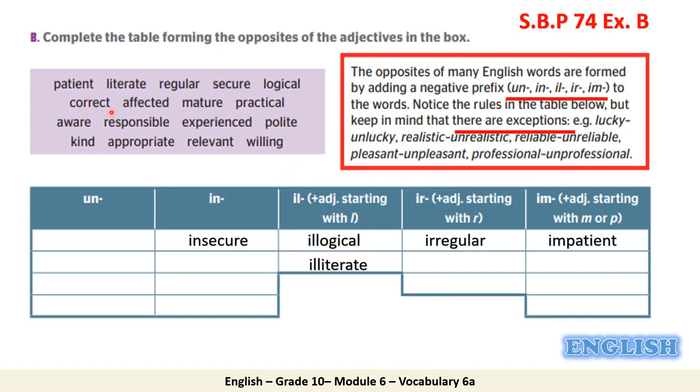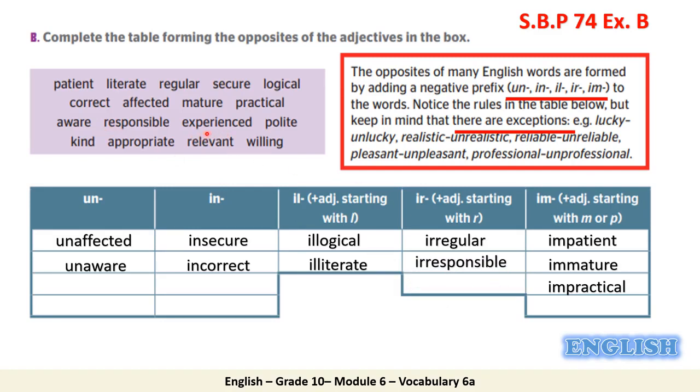Correct becomes incorrect. Affected becomes unaffected. Mature, notice here that the adjective starts with M, so it becomes immature. Practical, P, practical, it becomes impractical because it starts with P. Aware becomes unaware. Responsible, and notice the first letter here is R, so it becomes irresponsible.